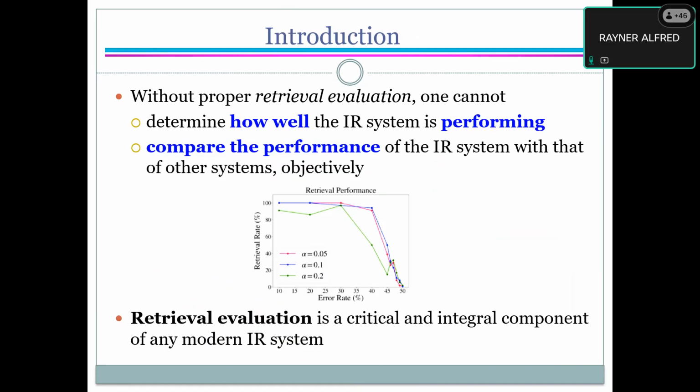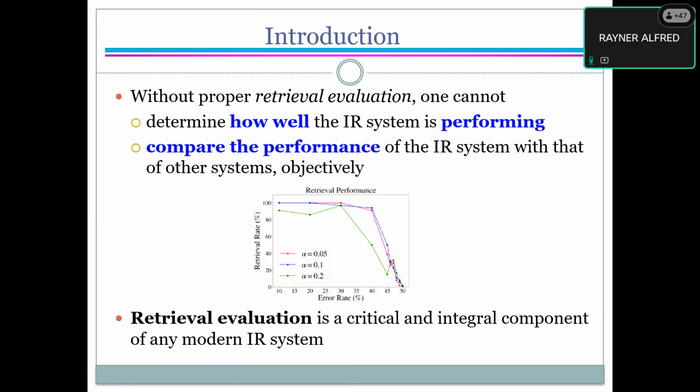So why do we need this? Because we need to determine how well the system is performing, how good it is, and we also use the metrics in order to compare the performance of IR systems, because you may build your retrieval system using different methods or different processes.